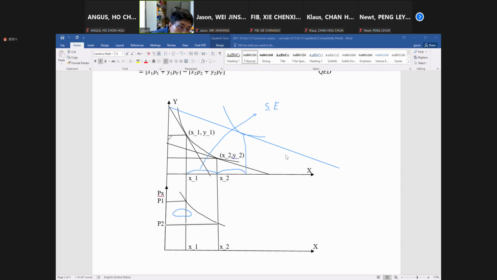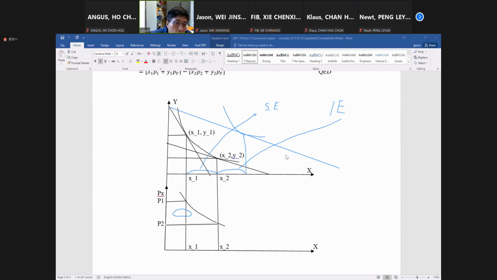So this curve, this is the new price. But this is the new price for the old utility. This is the new price for the old income. So the change from X1 to X2 is due to the substitution effect. The change for this part is due to the income effect.